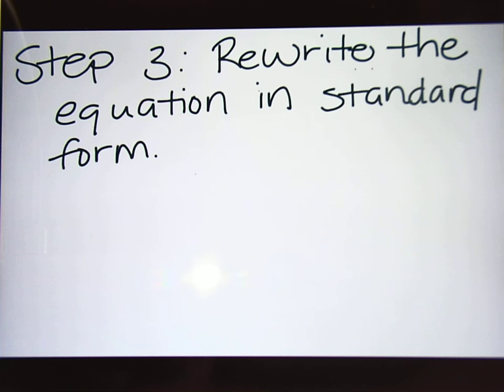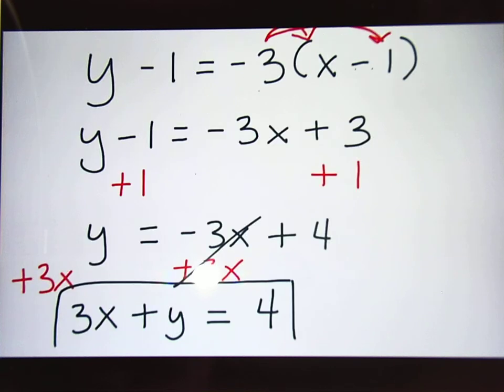Step 3, you're going to rewrite the equation in standard form. So, as you can see here, there's my point-slope form. And in order to get this point-slope form in standard form, I need to first apply the distributive property.